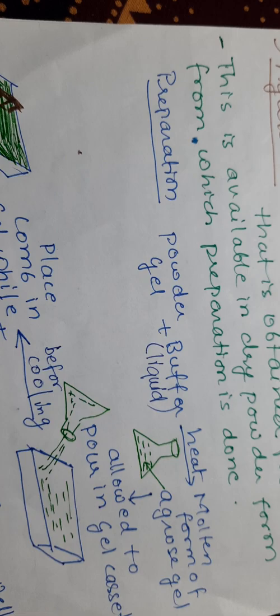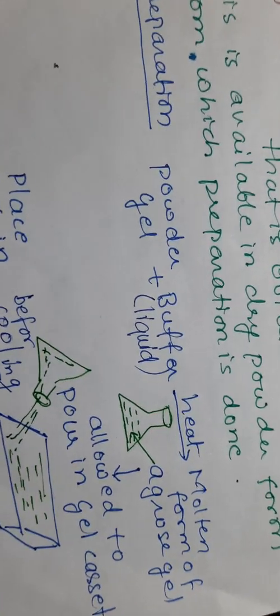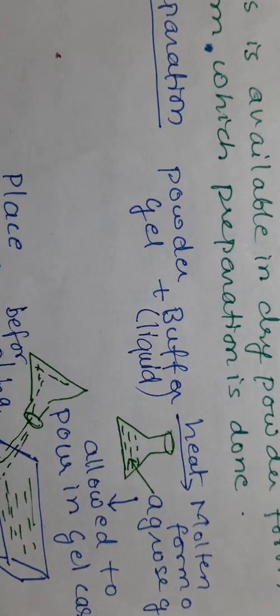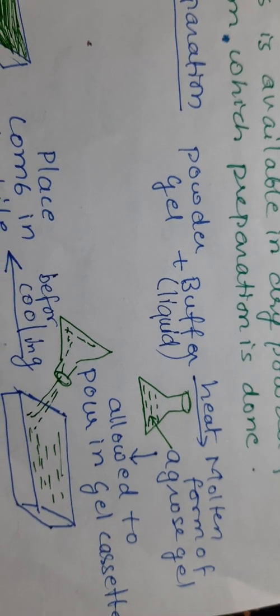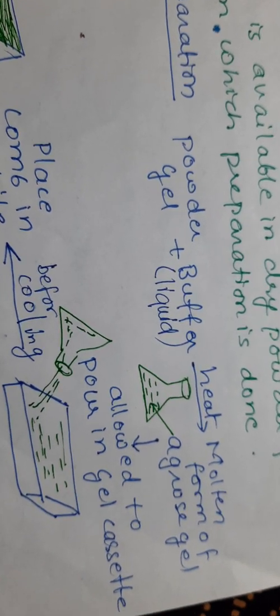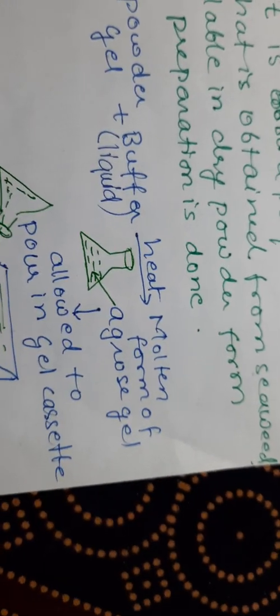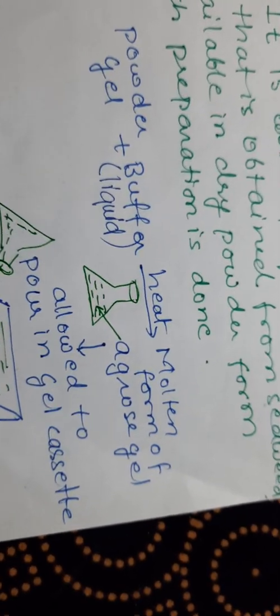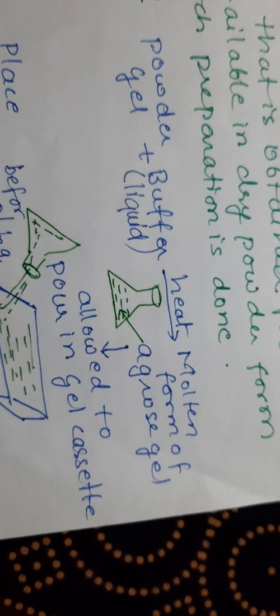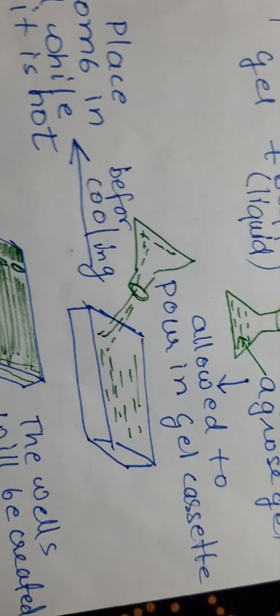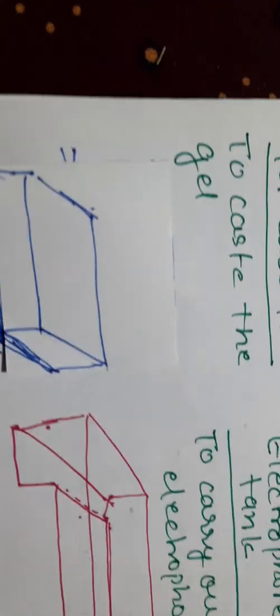So how do we prepare the gel from the dry powder? The powder is taken and the electrophoretic buffer is added. A solution is made and this is heated. After heating, a molten solution of agarose is formed, and this is poured into the gel cassette.